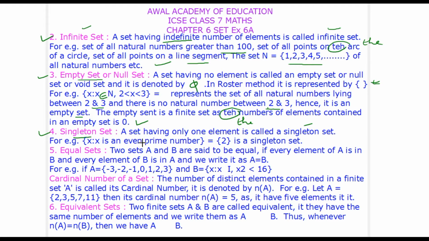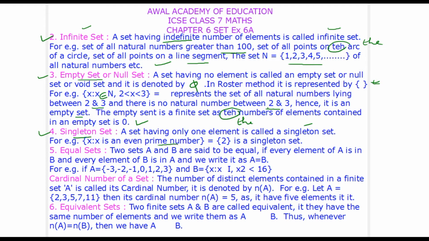So for example, if we write x, the set of all those x such that x is an even prime number.